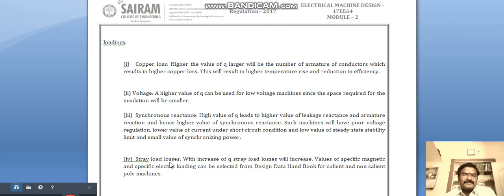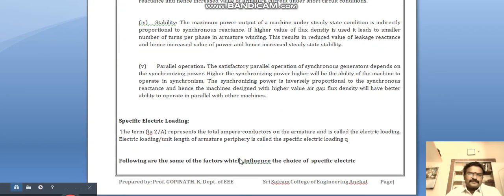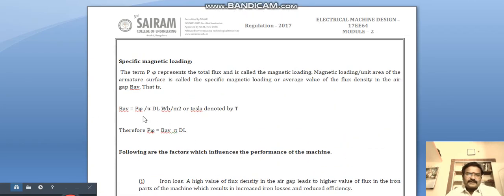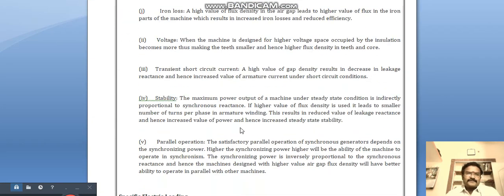To overcome that, we should not go for a very high value of Q, and we should not go for a very low value of Q either. If you go for a very low value of Q, the efficiency of the machine will reduce. So these are the factors we should consider when choosing the Q and Bav values. Thank you.